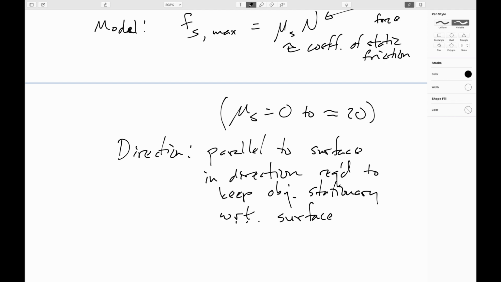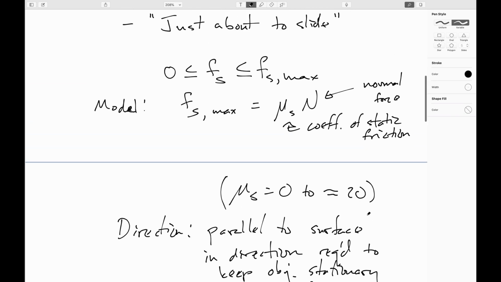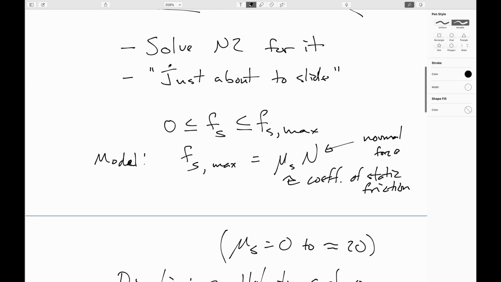So, like I say, in general, when you are figuring out what static friction is involved, your first instinct should be to solve Newton's second law of motion for it, unless you are given coded information that you just happen to be at the maximum value for static friction, in which case you can use the coefficient.